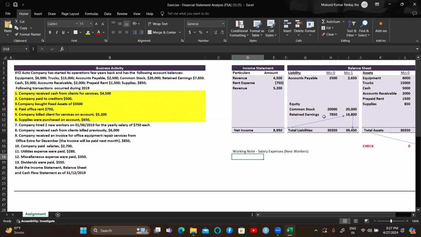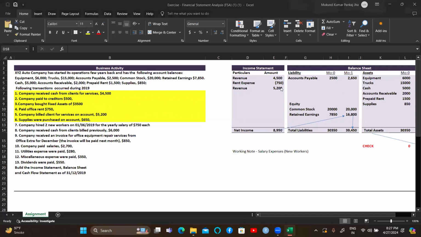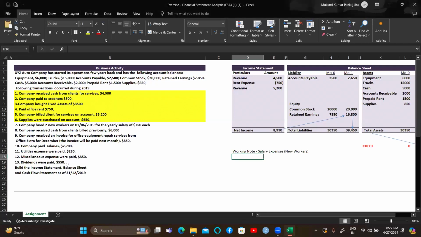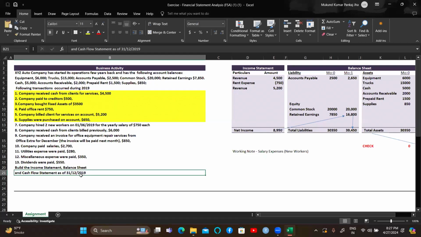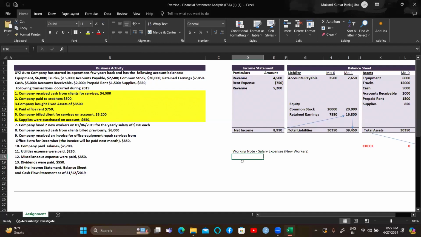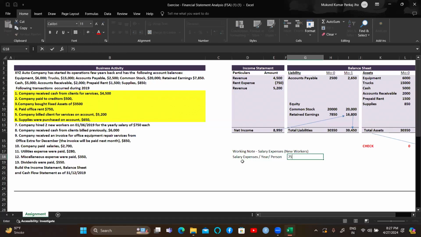Okay. PK sir is saying 75, sir, but this is yearly, if you see. This is for 31st December 2019. So salary expenses per year per person is 750.